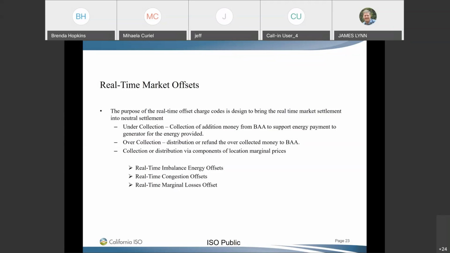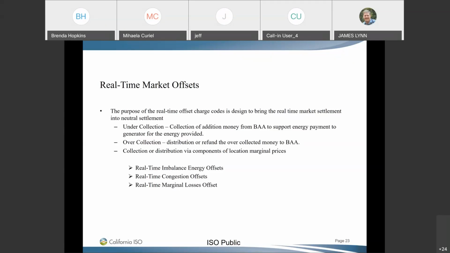And when I have an over-collection, I'm going to distribute it to those balancing authority areas because I've over-collected from them. Now, how we're going to do this collection or distribution is we broke it down into its parts. We have the energy portion, which is a system marginal energy cost. That's a real-time imbalance energy offset. You have your congestion offset, that's for the marginal cost of congestion, and then you have your marginal cost of losses offset.